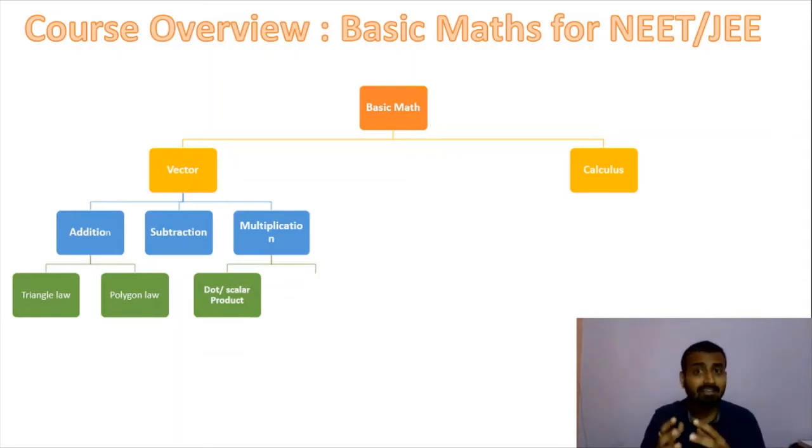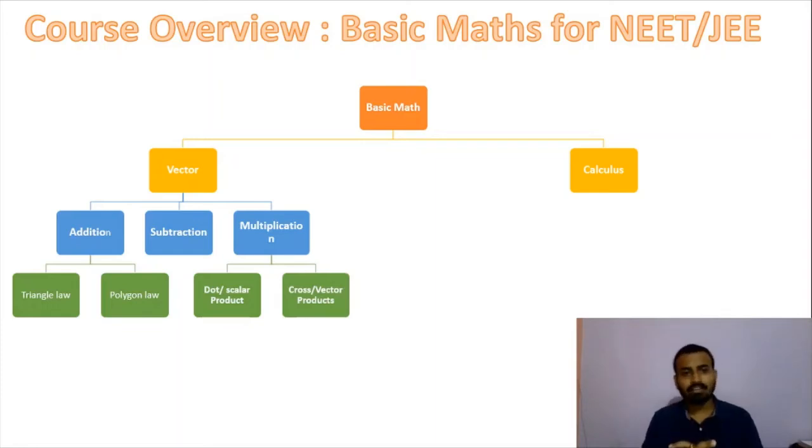And when the resultant also has some direction, that means the resultant is also a vector quantity, then that product is called the vector product or cross product. Clear? So this is all about the vector algebra part that we are going to cover in this course.